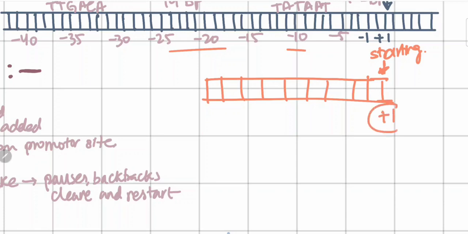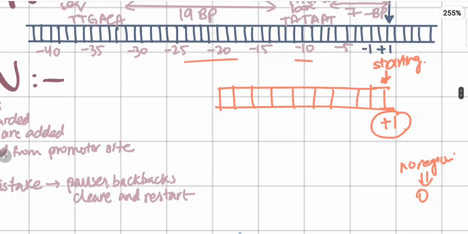So this region is numbered +1. No region is designated as 0. So there is no number 0. There is only number +1. And then everything before the start of the transcription is in negative numbers. We call these negative integers.